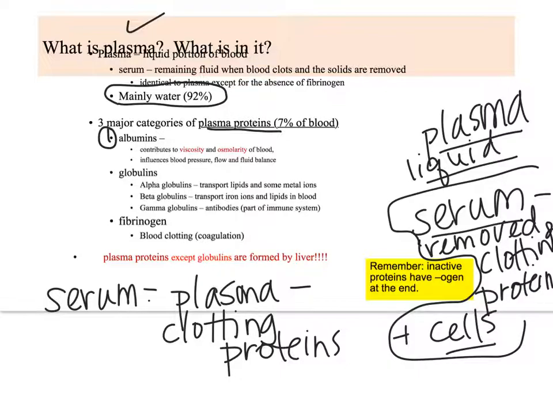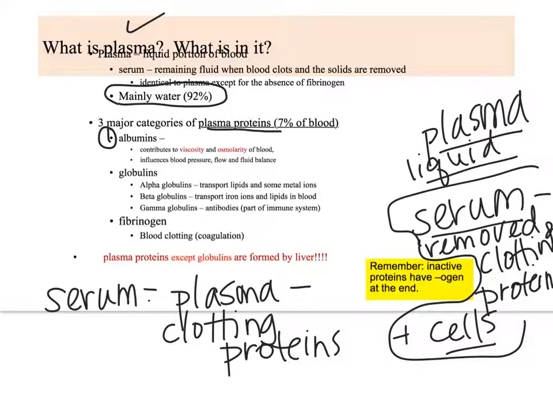I don't know if you've heard of albumin or not. You probably haven't, but you can have egg albumin, you can have cow albumin. It's just a specific protein, and you can buy it for working in a molecular biology lab.